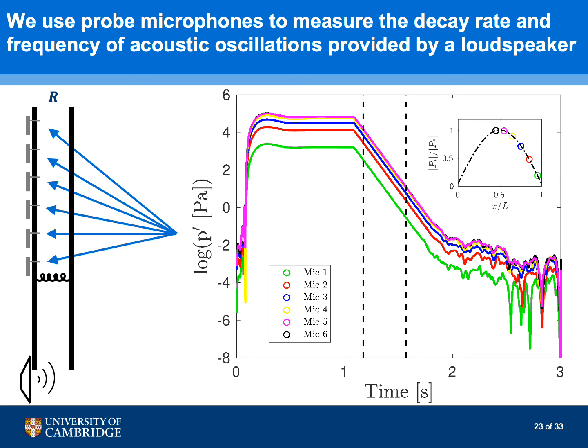This procedure is applied to each microphone, and the 6 values are then averaged to obtain a more robust estimate, although no significant scatter exists between the 6 measurements. The average decay rate and frequency represent the real and imaginary parts of the complex frequency S, respectively.